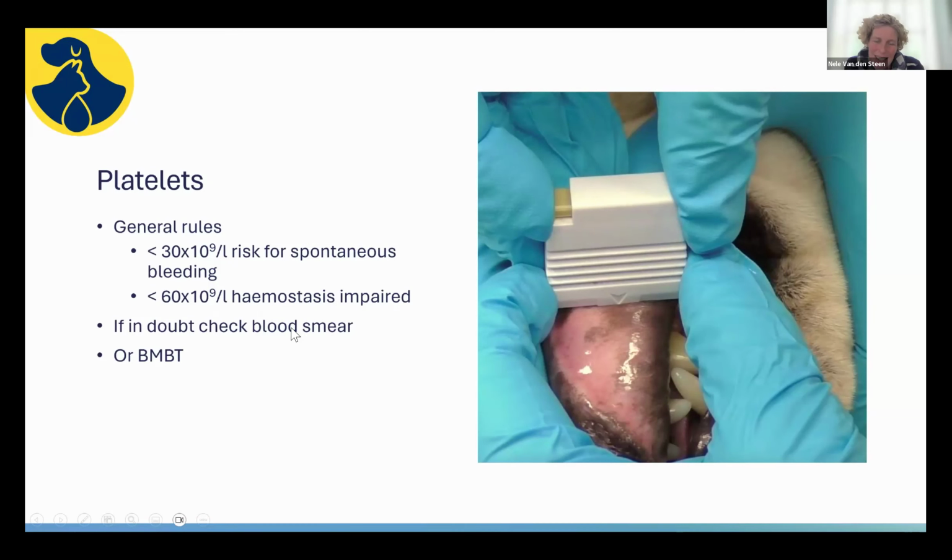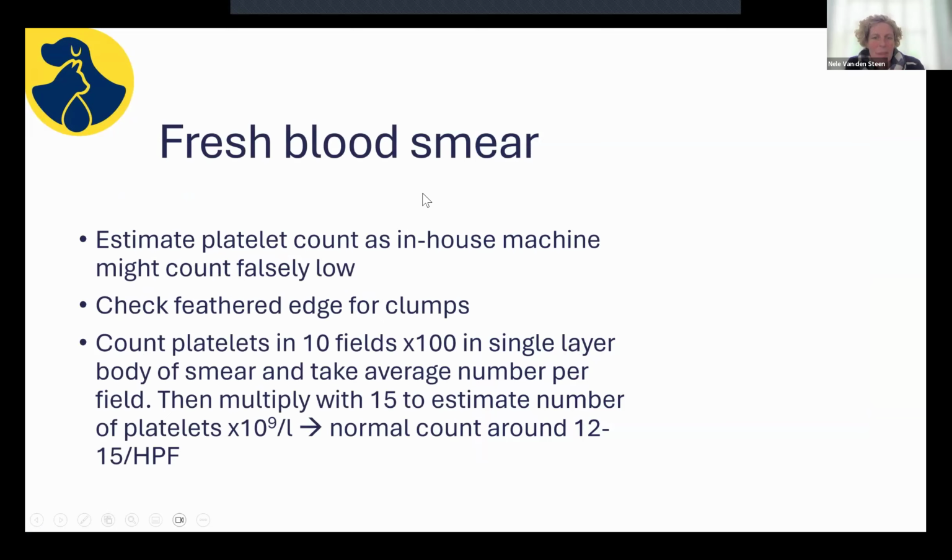Anything less than 60, and again, they're not rigid lines, will mean that your clotting is impaired. I'm not saying that would take a dog to surgery with a platelet count of 90 if it's not a Cavalier, but that is a ballpark figure there, really. So if in doubt, if you don't trust your machine, then have a look at a blood smear.